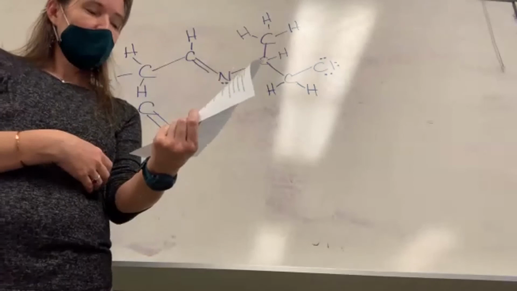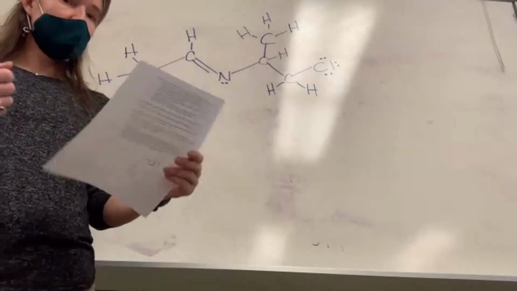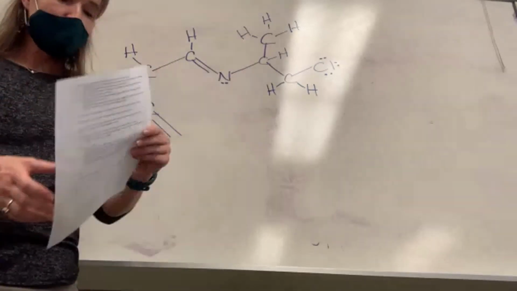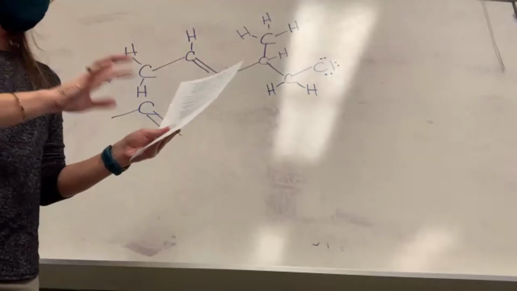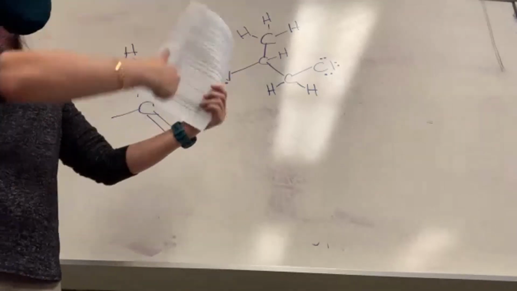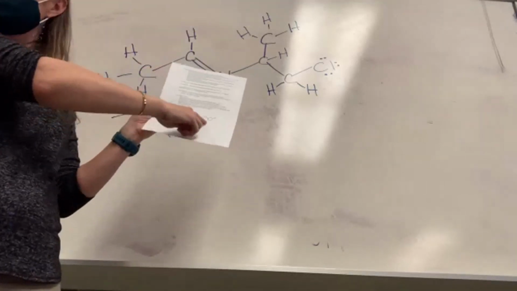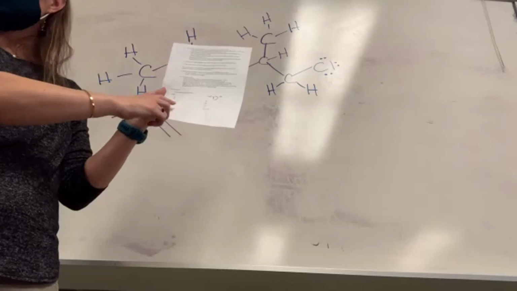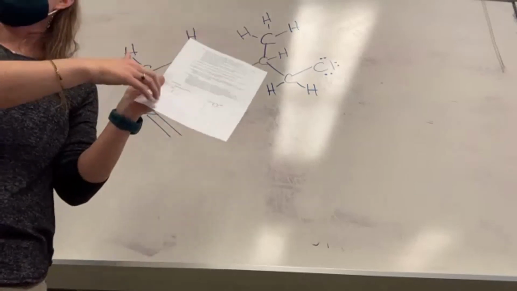Okay? So what I want you to do is try to follow the rules on the first page to draw some of these simple molecules, and then separately try the bond line.